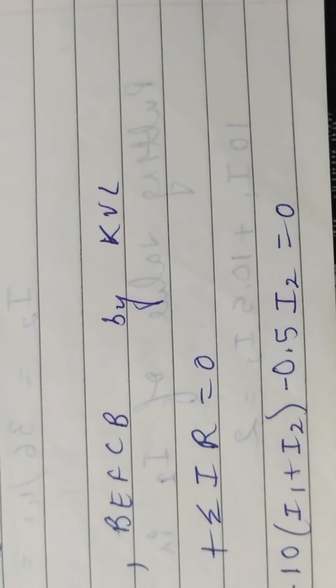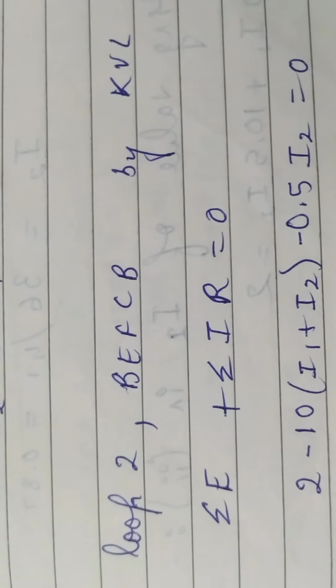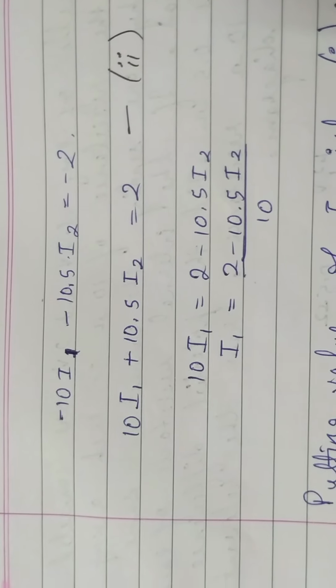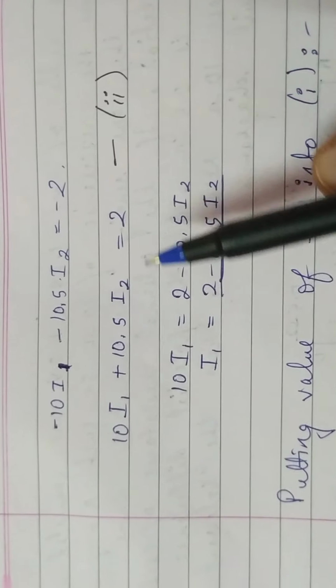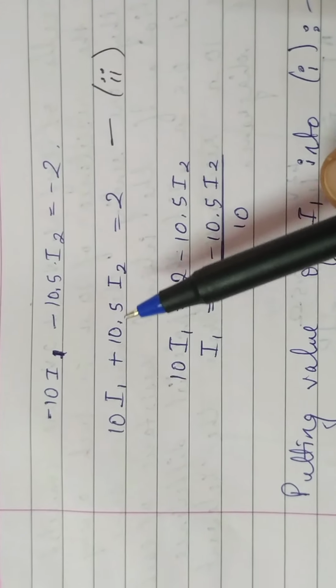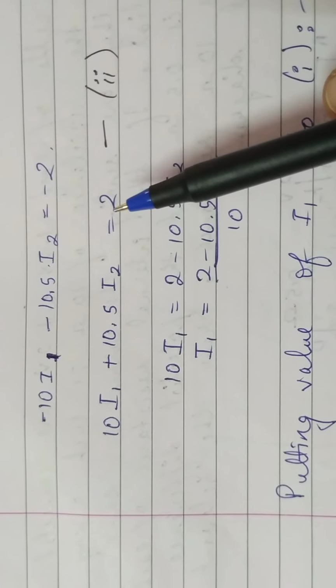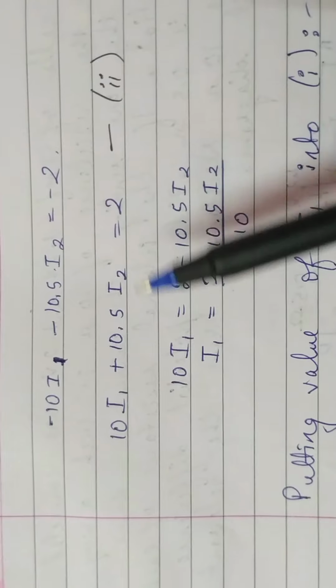It is equation number 2. On opening the bracket and simplifying, we get the second equation as 10 I1 plus 10.5 I2 equals 2 ampere.